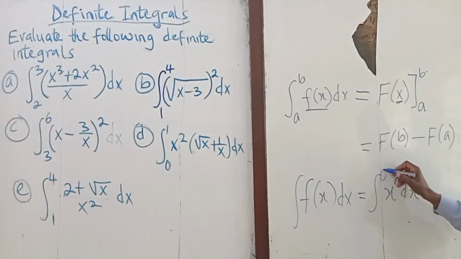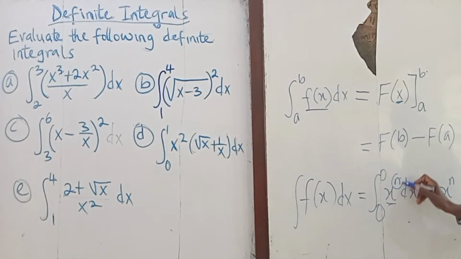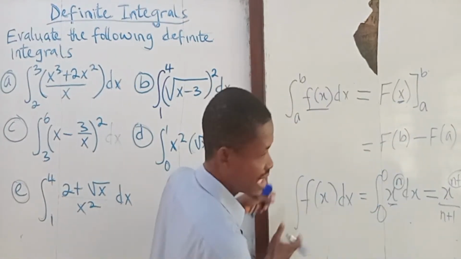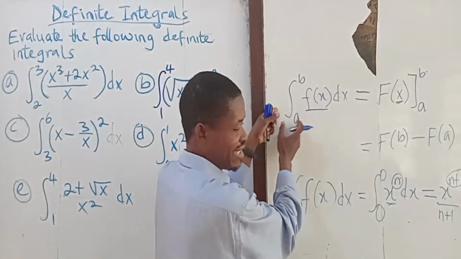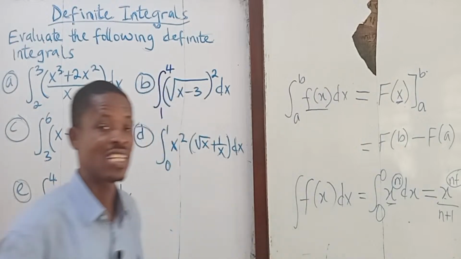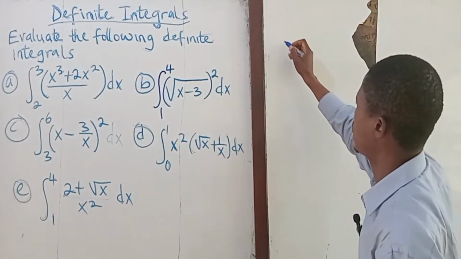Here there is no upper boundary, there is no lower boundary, so this will give you x to the power n plus 1 over n plus 1, and then plus c. That's the difference between indefinite integral and definite integral. For indefinite, that will be plus c, which is the constant of integration. For definite, that will not be plus c.